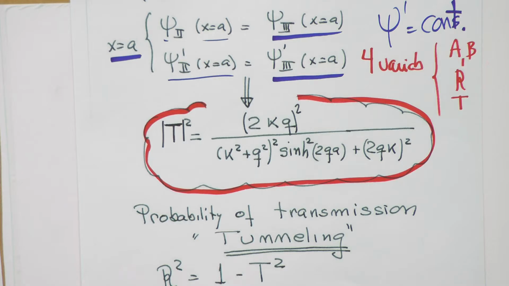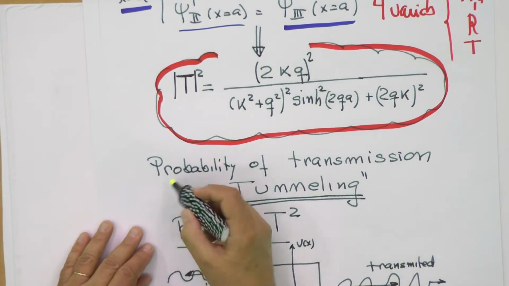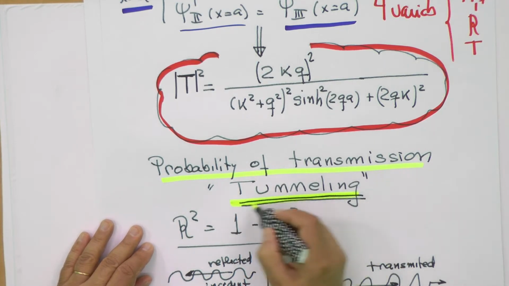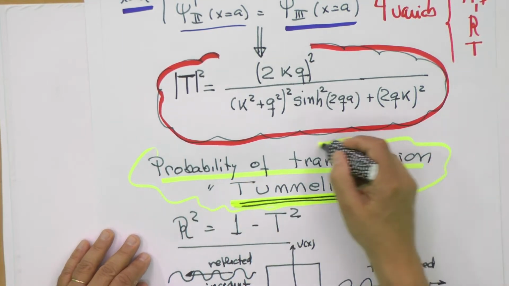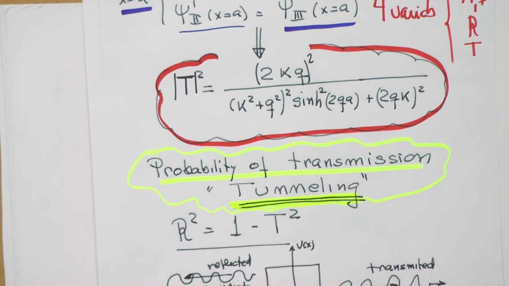So again, we made a barrier, we send a flux of particles, and these particles can pass through. And this transmission is real. It happens. And this probability of transmission is called tunneling. Tunneling is a very important phenomenon in quantum effects. Maybe it's one of the most important quantum effects in biology, because we have so many situations where particles should not be transported from one side to the other because of natural barriers.